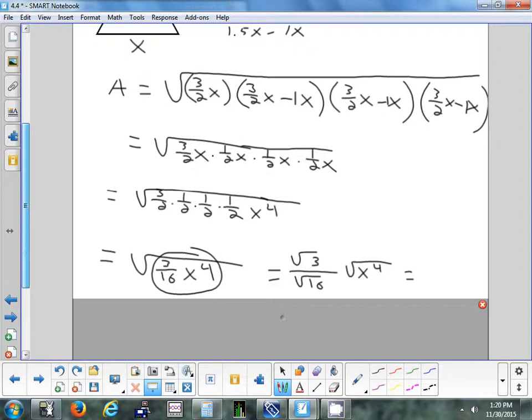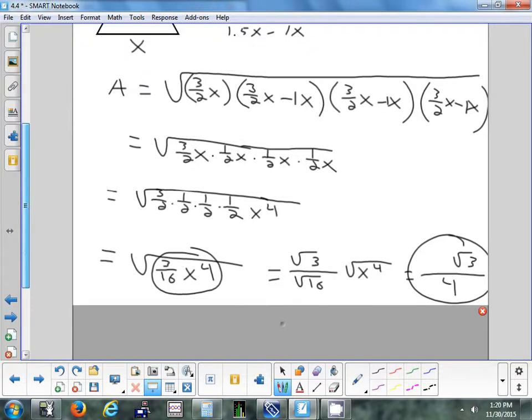No, so we'll just leave that. How about the square root of 16? Yep, that comes out nice. And now try to think, what 2 numbers can I multiply together? What times what gives me x to the 4th? X to the 2nd times x to the 2nd. So that's the square root of x to the 4th.